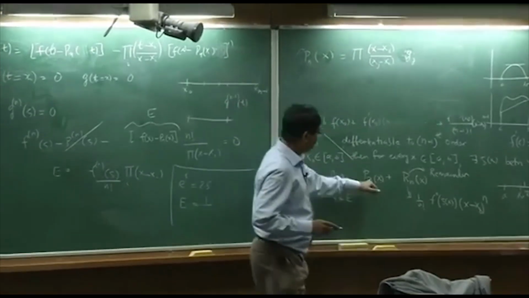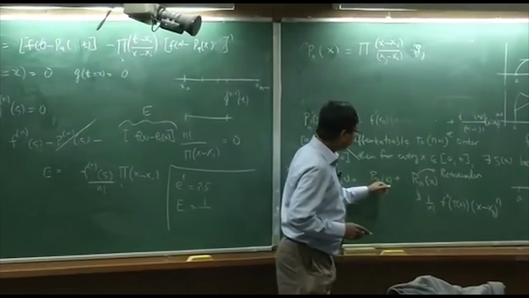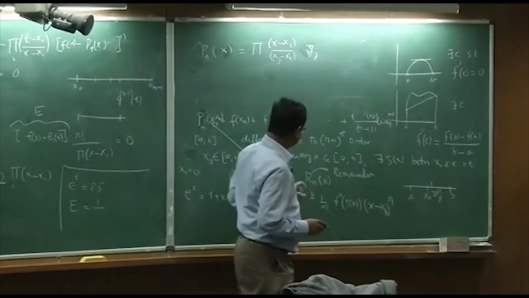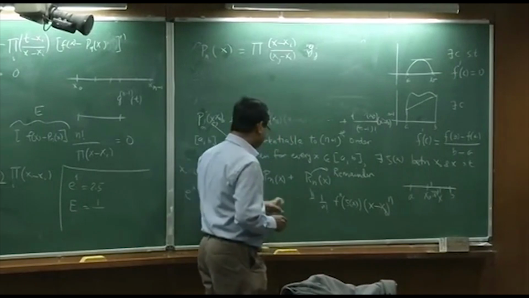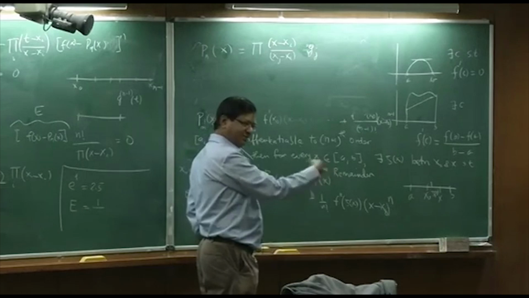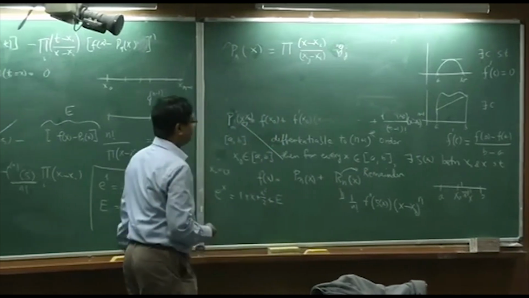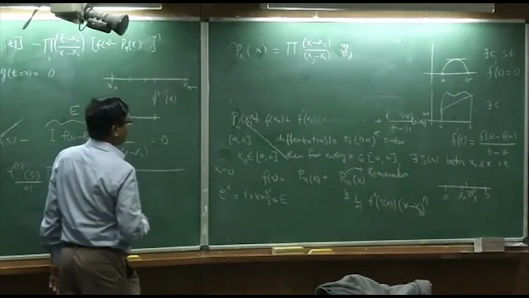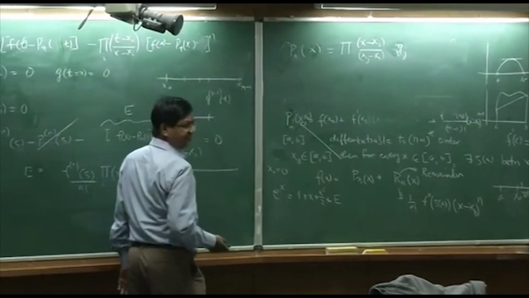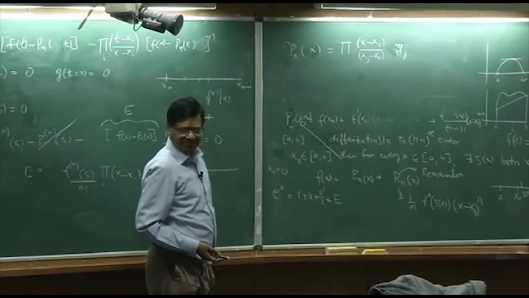I have gone up to squared, so this is third factorial, x minus x0 squared. So, next is x minus x0 cube. So, 3 factorial, nth order derivative.